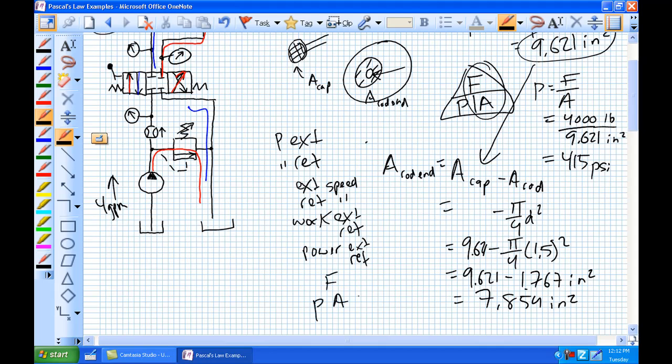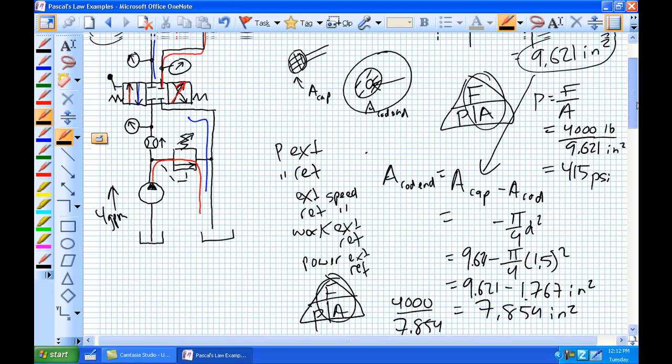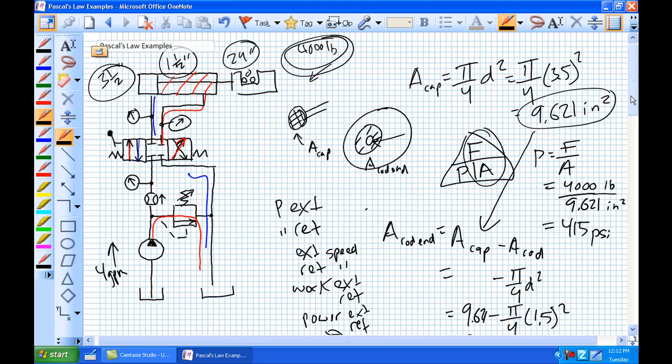Again, using our Pascal's law, force divided by area, 4,000 pounds divided by 7.854 inches squared is going to give us a pressure of 509 psi. Makes sense. Less area, so the pressure needs to rise to a greater value to move the same load.